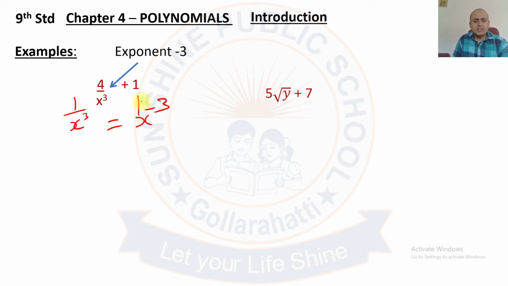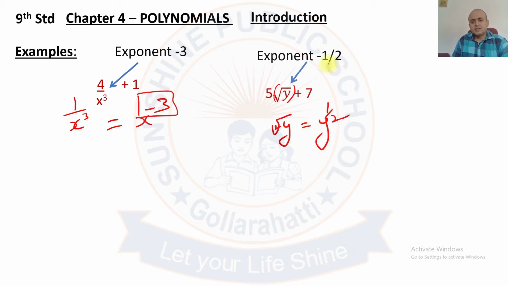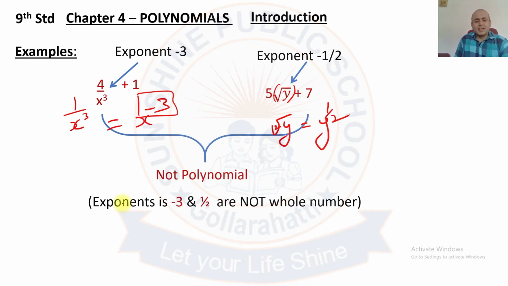And the exponent of y is 1 by 2, because under root y is written as y to the power 1 by 2. And these two are not polynomials, because the exponents minus 3 and 1 by 2 are not whole numbers.